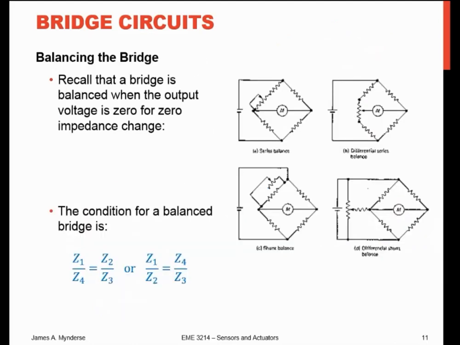But they're never perfect. So usually what we'll include is some way to tweak things up and balance the bridge to account for it. We can put a resistor here in series. We can take one of these points and put it on the adjustable arm of a potentiometer to move it up and down a little bit. We can put a resistance in parallel. You can actually even put a bias voltage at this point here if necessary.